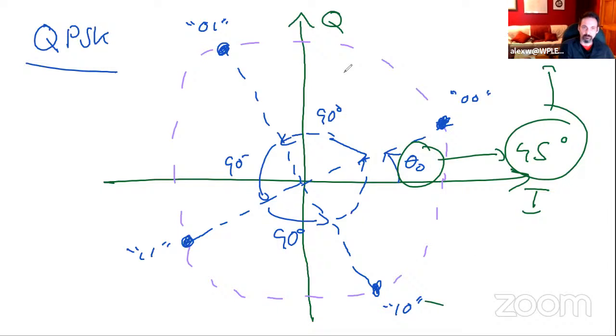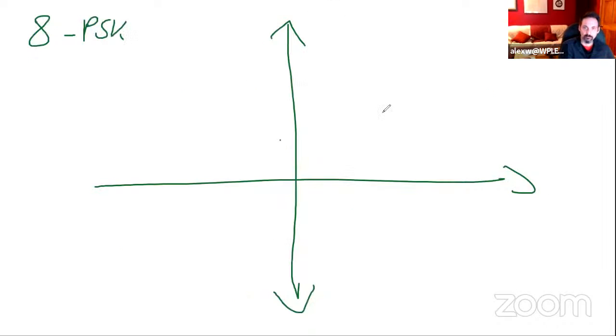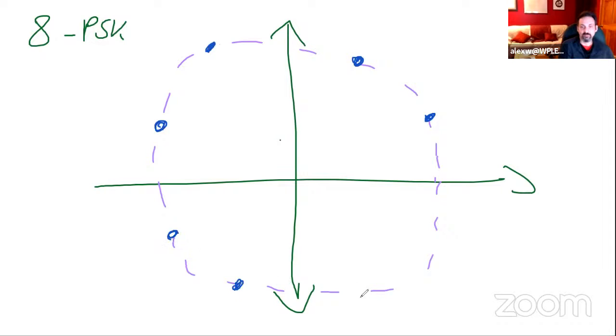So now 8 PSK, same unit circle or some sort of circle, same distance. Okie dokie. And let's cut this up like a pie. So let's say we have the following. They're all evenly spaced from one another. So we take basically 2 pi and we divide it by 8.